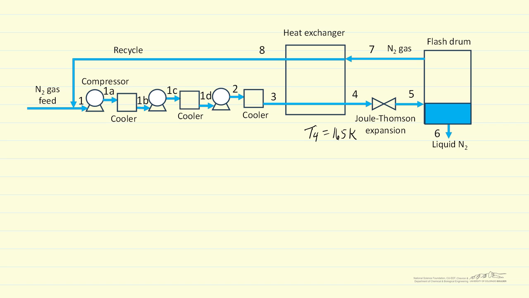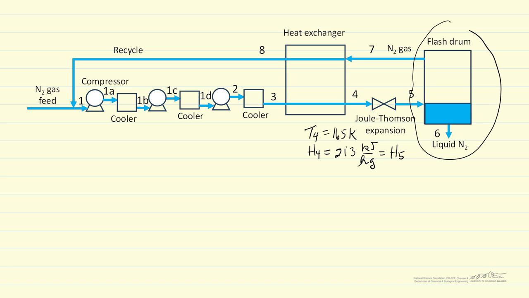And so then we can do an energy balance around the flash drum, because H4 from the spreadsheet is 213 kilojoules per kilogram. Of course, that is also H5 because we don't have any enthalpy change through the Joule-Thomson expansion. And so we do an energy balance just around the flash drum.